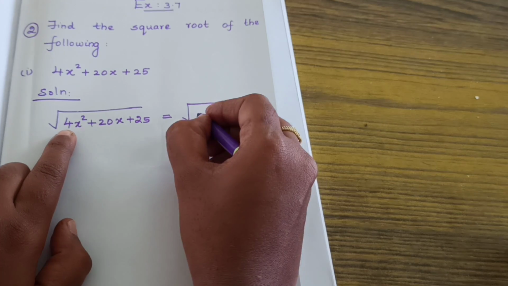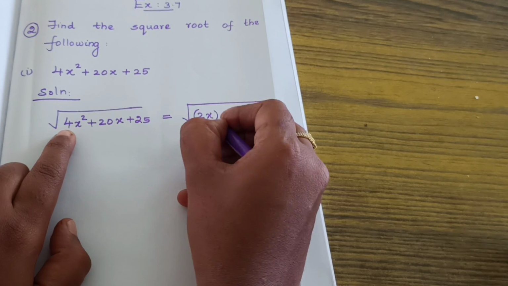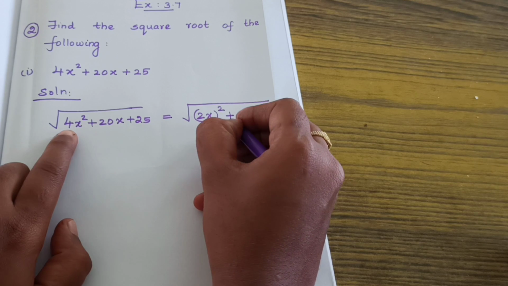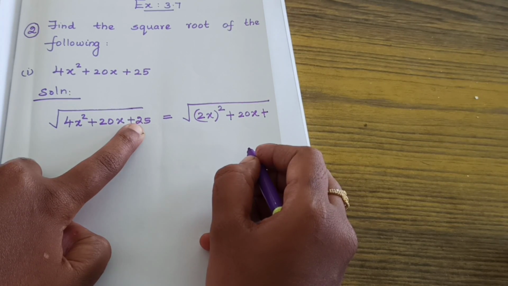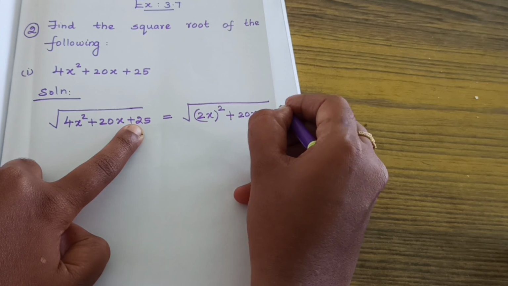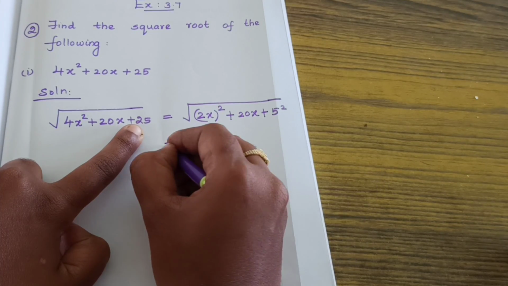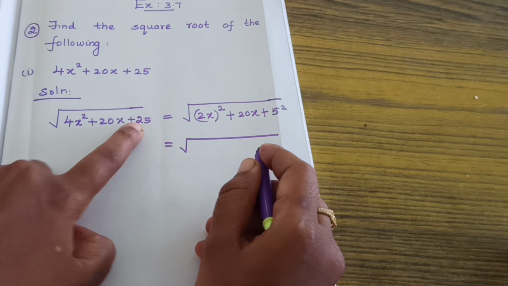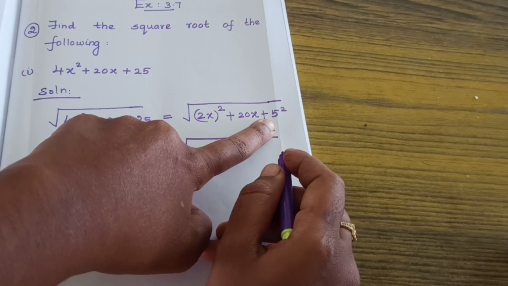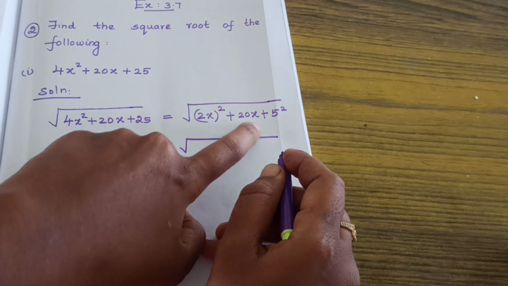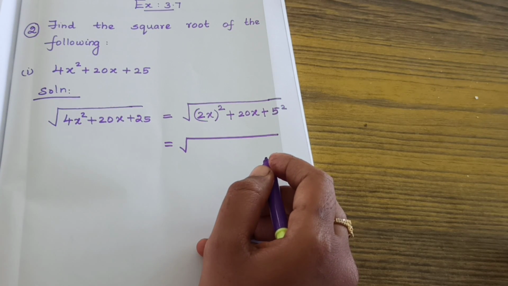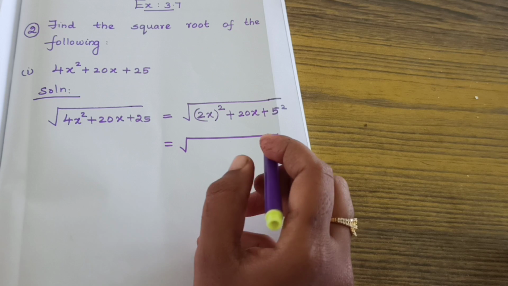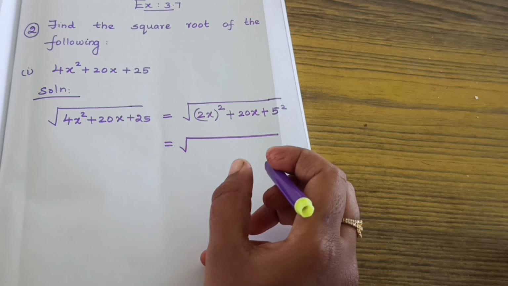How can we write this? 2x the whole square plus 20x plus 25. How can we write 5 square, which is equal to square root of. Here the first term and last term are square numbers and only 3 terms are there. Which formula can we use? Shall we check whether it is apt for the a plus b the whole square formula?